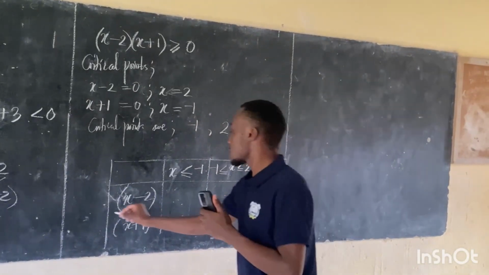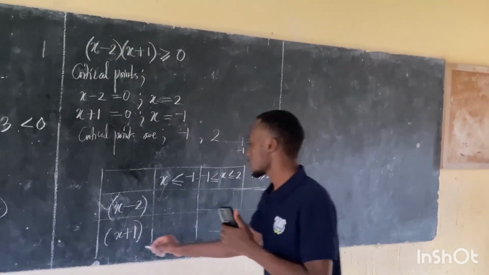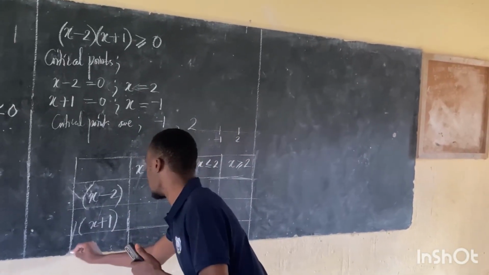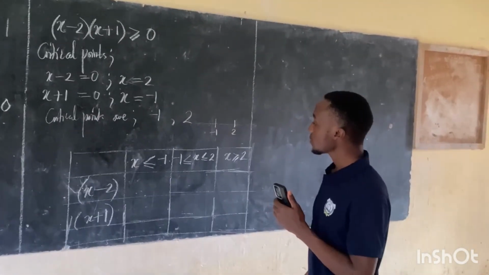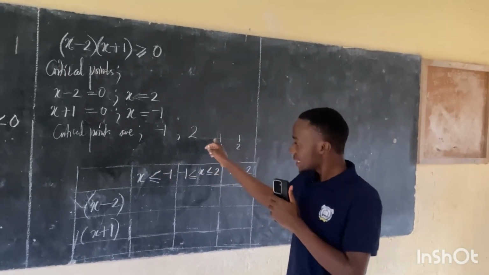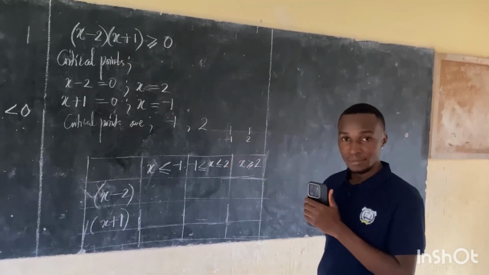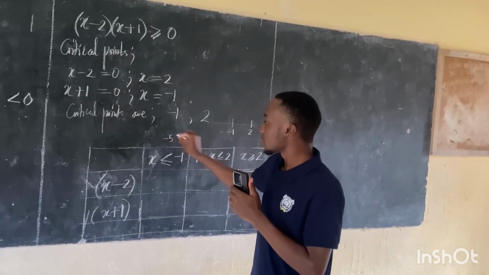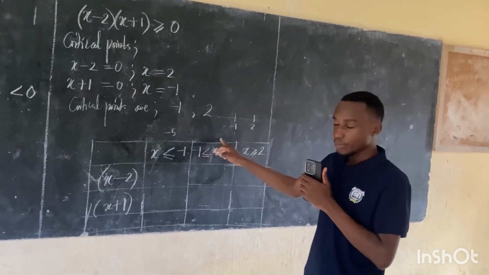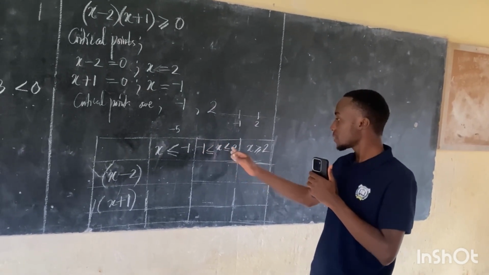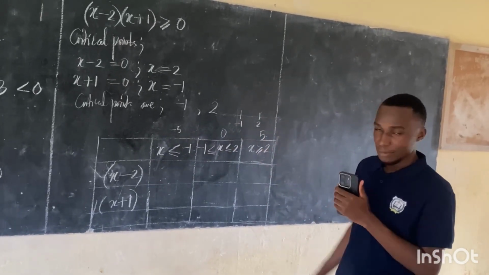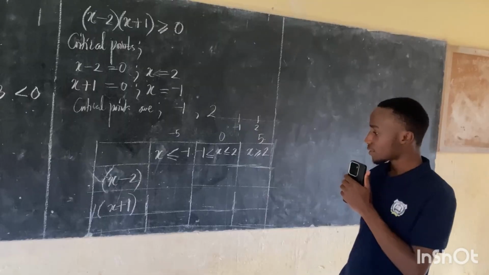And I will ask myself, which value of x can I pick? In the first region, it is indeed less than negative 1, so I can pick negative 5. I can consider another value which is in the middle of negative 1 and 2. I can use 0, and here I can use 5. I can even use 10, whatever value, as long as it is greater than 2.